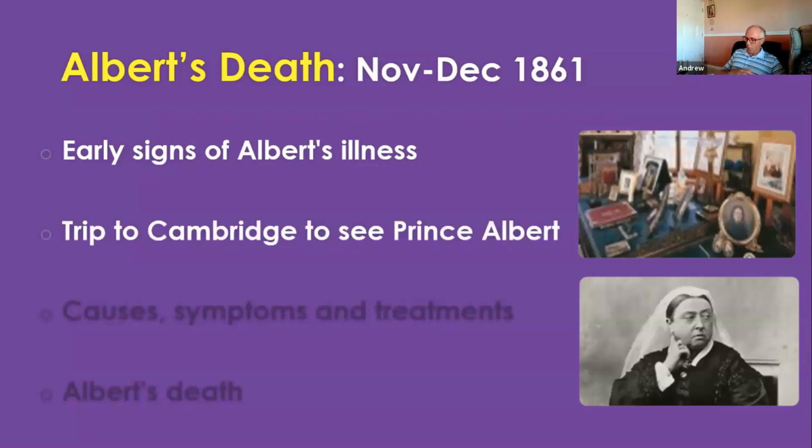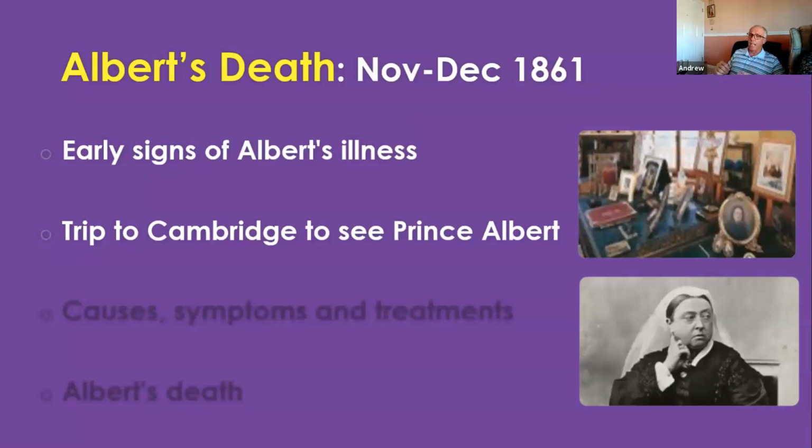Well, fast forward to November 1861. He develops what he considers at first to be a gastric flu. It has a low fever, and at this point nobody's concerned. He's got this cold, it'll probably pass in a week or two. He's 42 years old, fairly healthy.